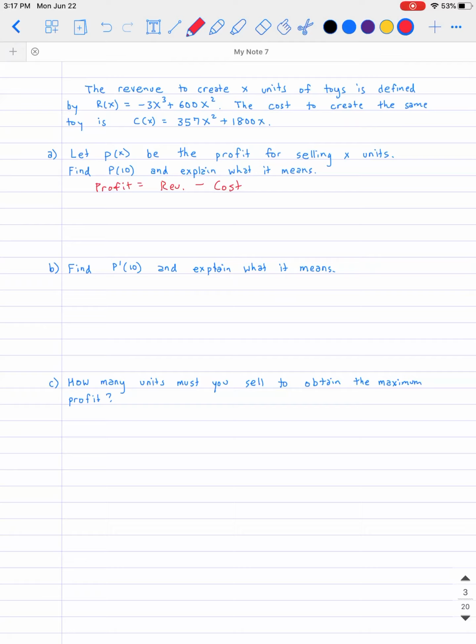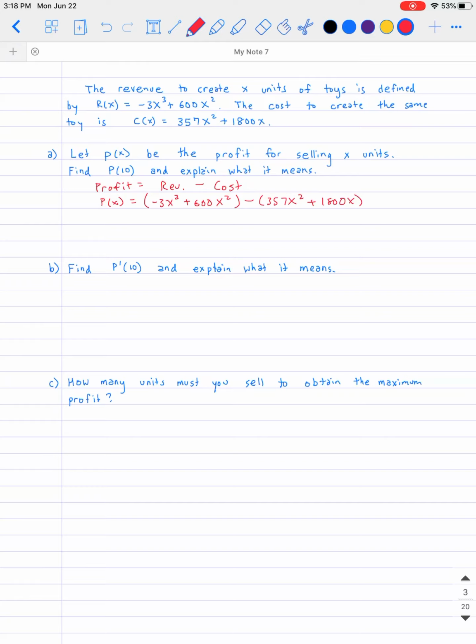So what I need to do is replace this now with the equations that I have. So P of X, the profit equation, is supposed to be R of X, so that's negative 3x cubed plus 600x squared, minus the cost equation, which is 357x squared plus 1800.